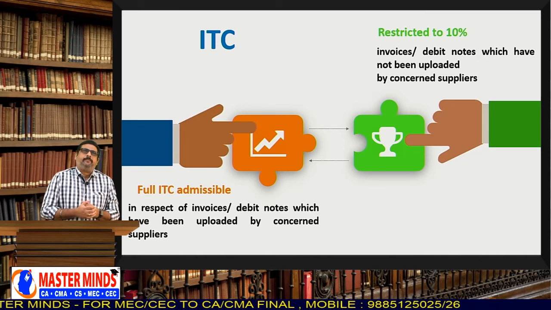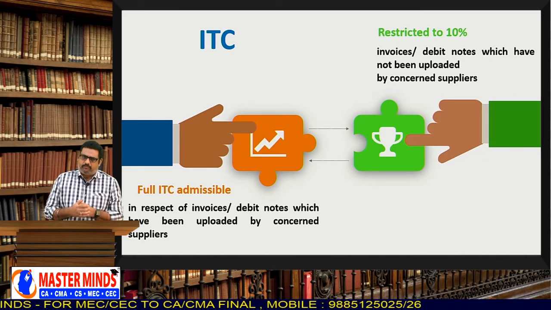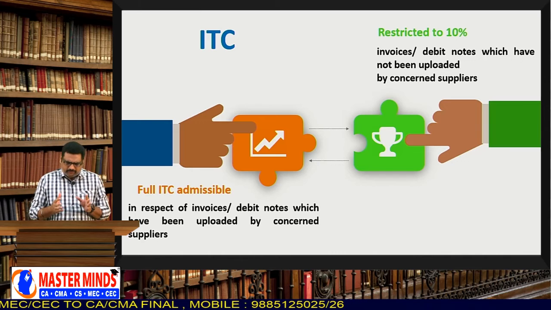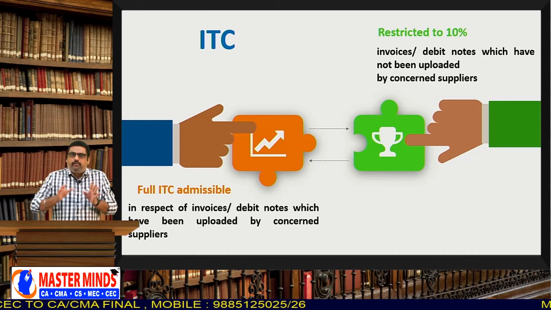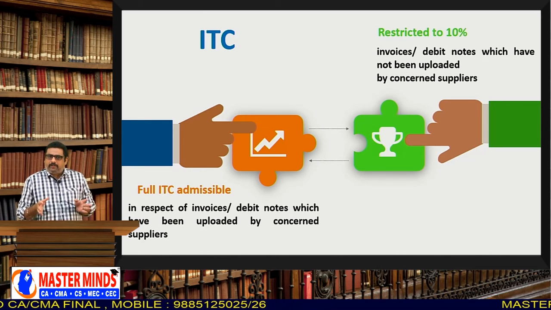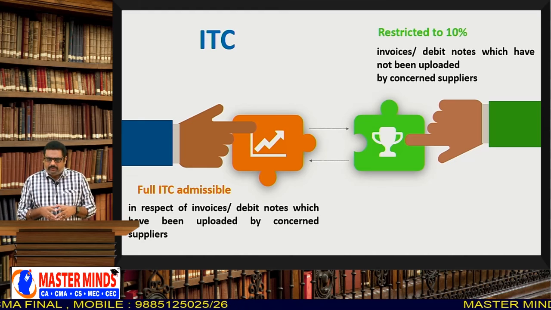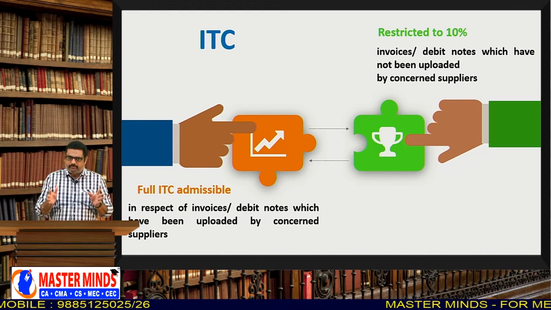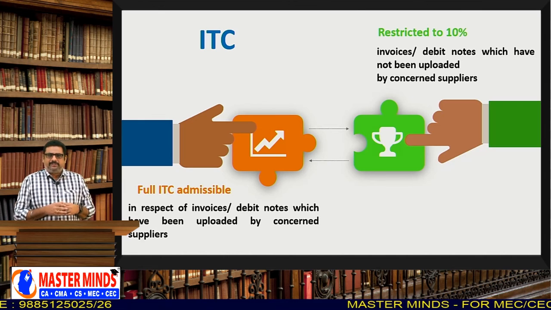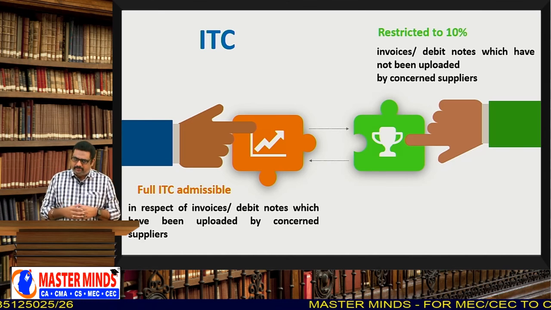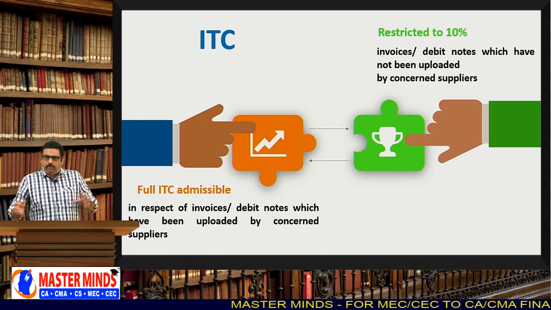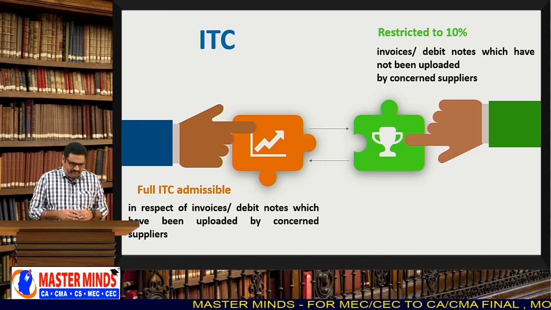You already know that there was an amendment in May 2020 with respect to unreported invoices, where ITC is admissible only up to 20%. But now, after the amendment, it is reduced to 10%. We will see what happened in that particular area. Just a minute.